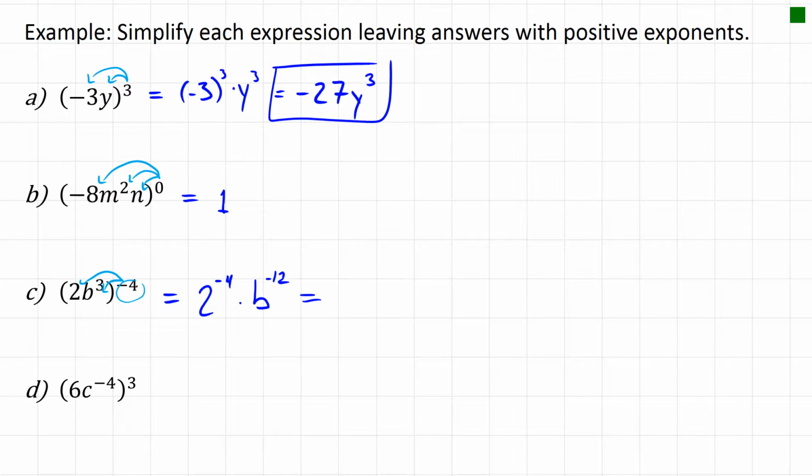We want these to be positive exponents, so I'm going to have to flip each of these into the denominator. So that's 1 over 2 to the power of +4 and b to the power of +12. Now, if we wanted to, we could write 2 to the power of 4 instead as 16, and then we have b to the 12.